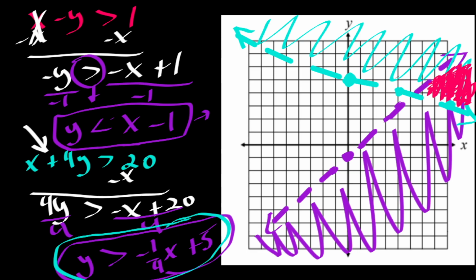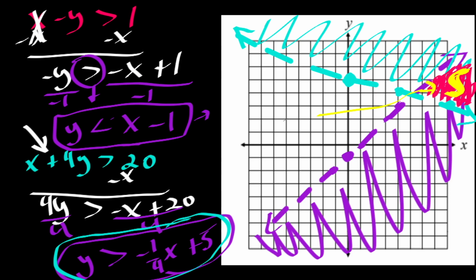Once again, you need to make sure you draw that dark, and you could even put an S there and make it a dark looking S. That way whoever's grading your paper knows that's where the solution is. The good thing about a system of inequalities is you've already probably done single inequalities. So now you just put two inequalities on a graph, and wherever the shading overlaps, that's our answer.